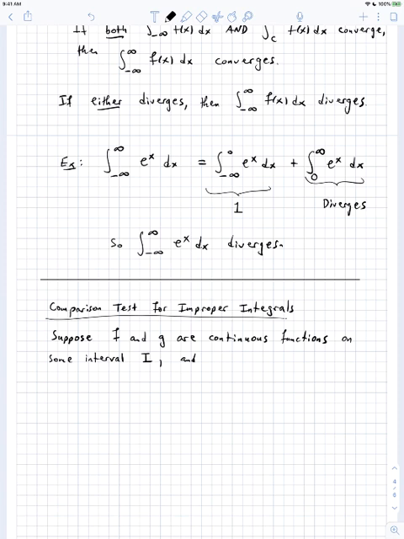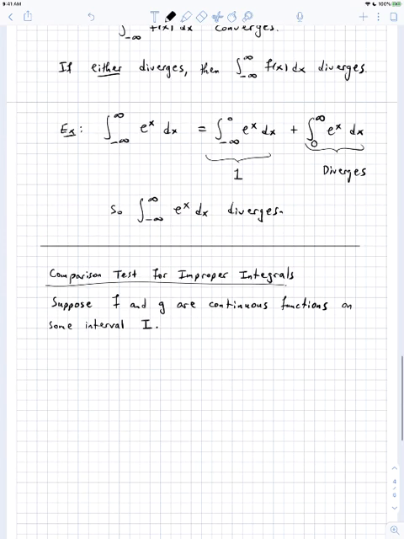And suppose you want to determine if one of them converges or diverges, and you want to use the other one to do that. Well, here's the idea. Okay. So there are two statements that we can make.